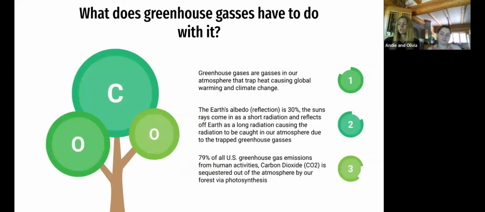This long radiation is getting caught by all these added greenhouse gases, causing the atmosphere to become hotter, causing global warming and climate change. 79% of all US greenhouse gas emissions are from human activities. Carbon dioxide is sequestered out of the atmosphere by our forests via photosynthesis.